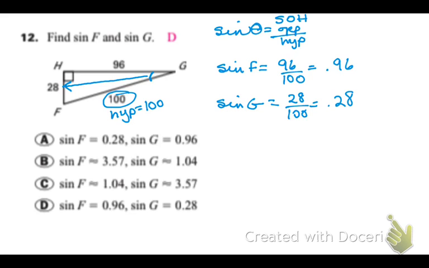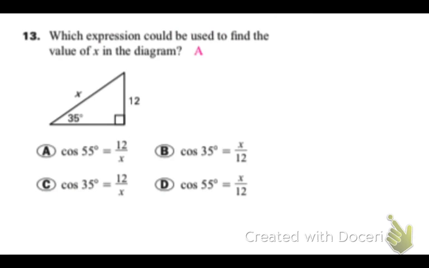So we look at our choices here. We have sine of F is 0.96. Sine of G is 0.28. Bingo, we got D. So, simple application of the sine formula. You just got to make sure you know what your opposite is and be careful what angles you're looking at.